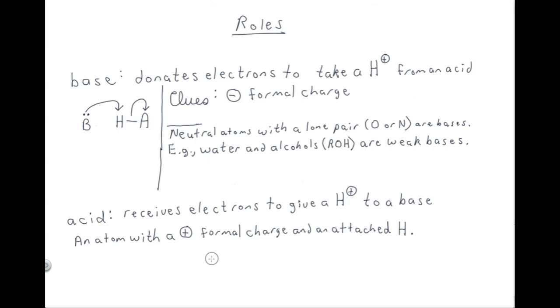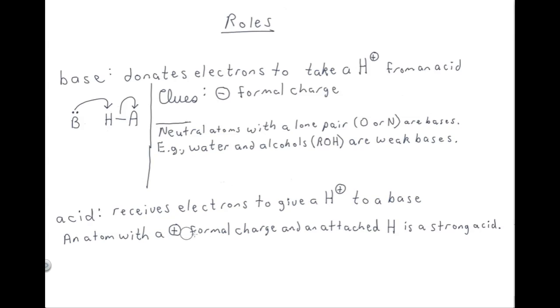On the other hand, we can also talk about strong acids and weak acids. Remember, an acid is something that wants to give a proton away. A strong acid is something that's very eager to give away a proton. A weak acid is something that is less eager to give away a proton. Atoms with positive formal charges and an attached hydrogen are generally strong acids.